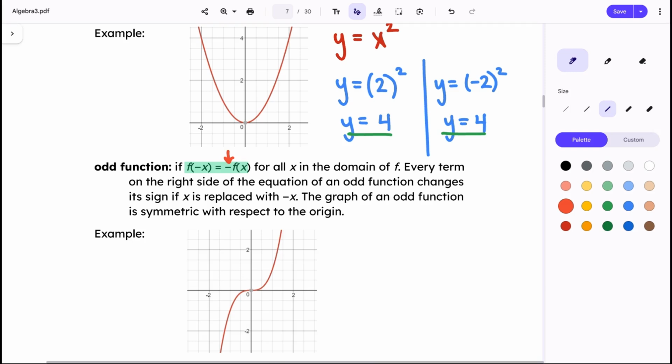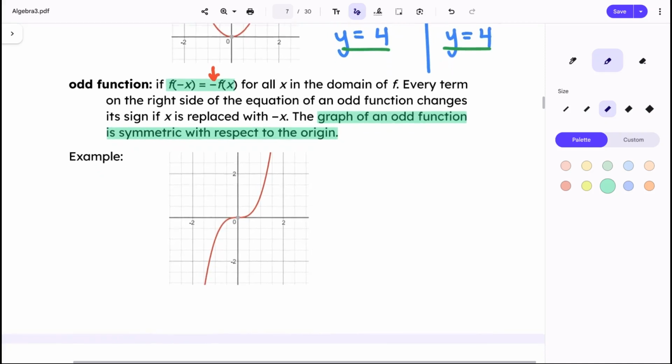That means any other numbers showing up in your equation would have to switch signs. If they're equal to each other, then that tells you it's an odd function. And the graph of an odd function is going to be symmetric to the origin. Origin, remember, is just the point (0, 0). That would be when you put in a number for the x value, and it does switch.